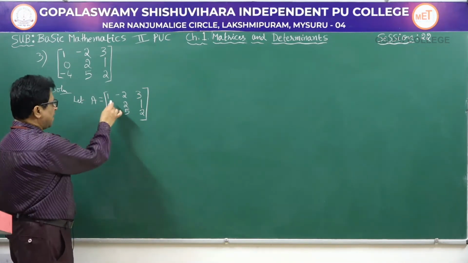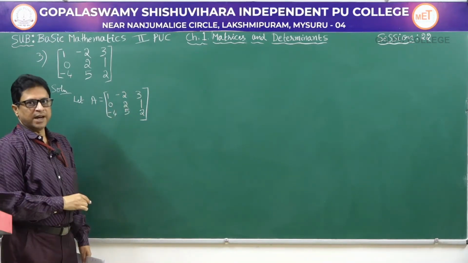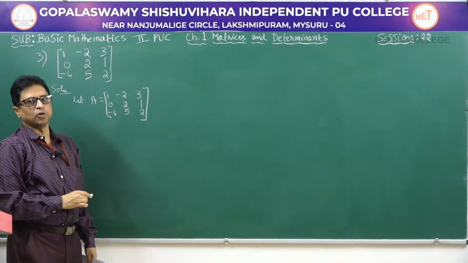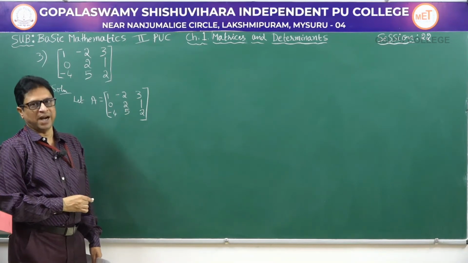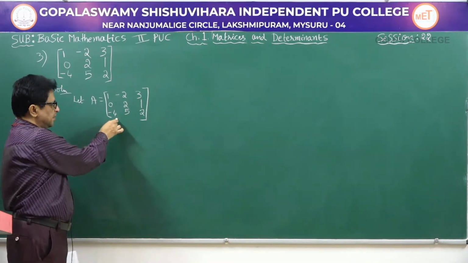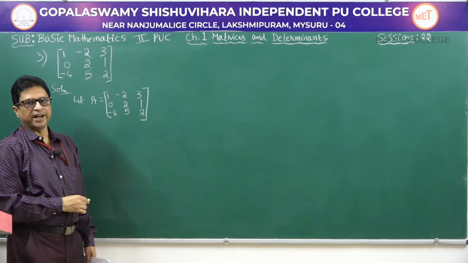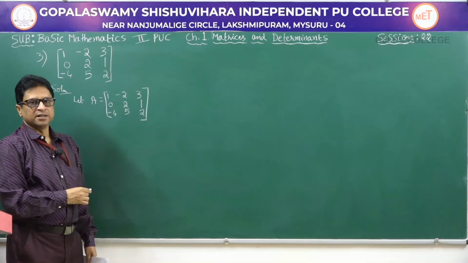That means we have to find the cofactor of every element and then we have to replace these elements by their corresponding cofactors and take the transpose. Here it is a 3 cross 3 matrix. Here we can't find the adjoint of this matrix by inspection.